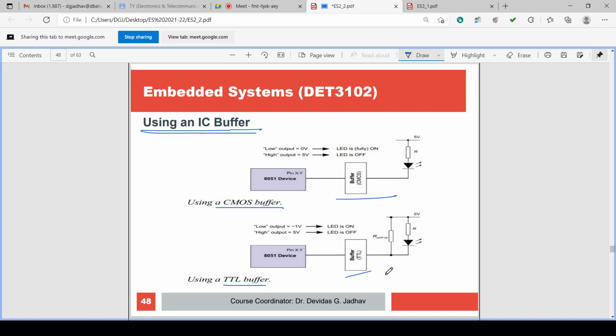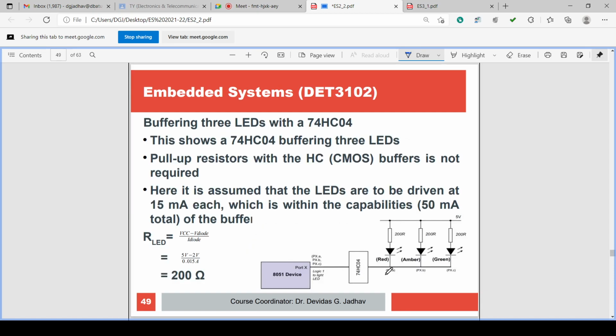So you can use the IC buffer also for connection. Now we have seen the single LED connection, the resistor LED connection, and along with that resistor LED connection we can have the pull-up resistor also. We can directly connect to this port pin or we can connect this through a buffer IC.